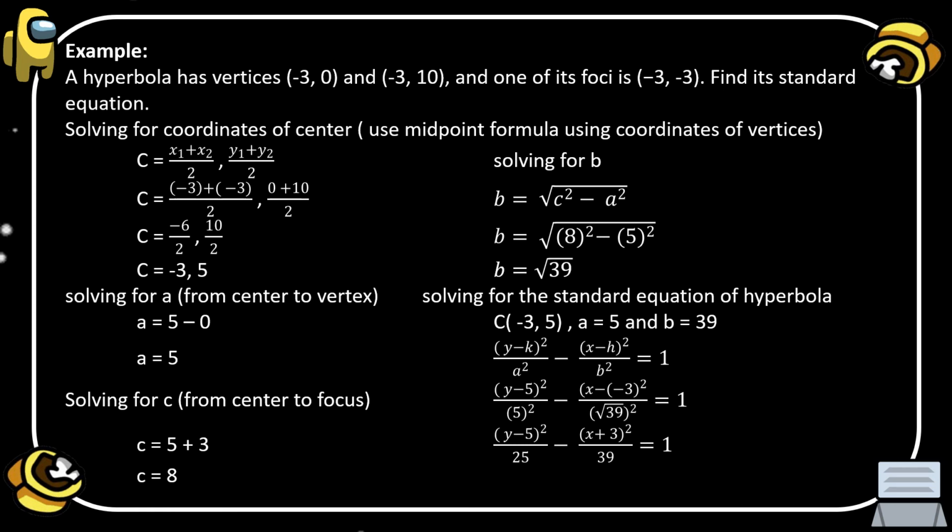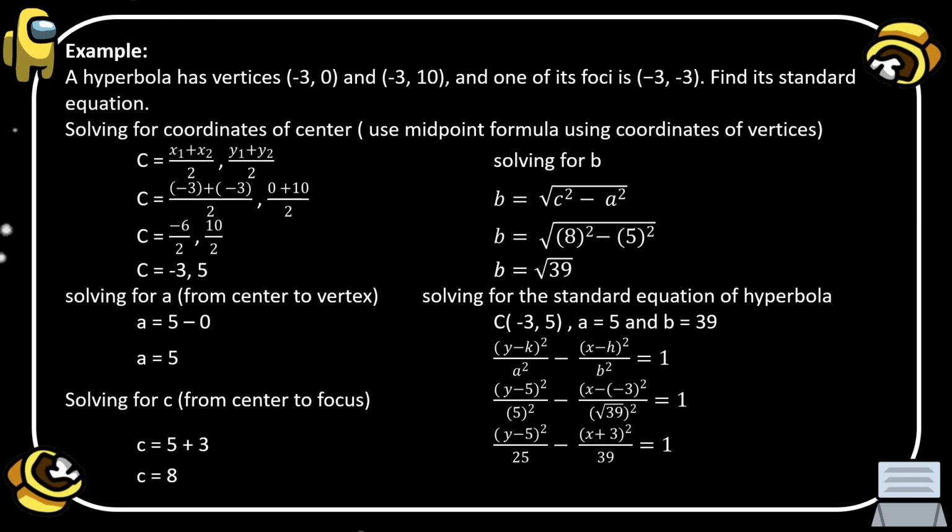If you use the distance formula, the distance of the center to the focus is still equal to 8. So, it is very easy. If it crosses 0, we add. Or we subtract if it does not cross 0. If they have the same sign, we subtract. Again, if they do not have the same sign, we add them.